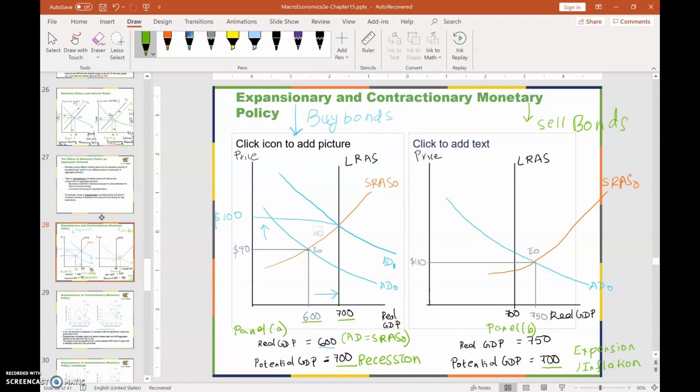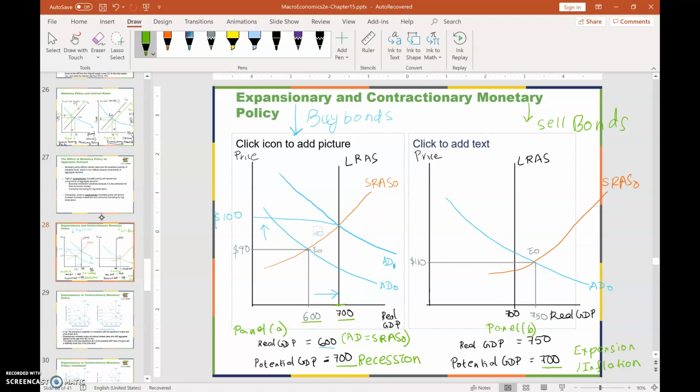And this will shift the aggregate demand to the right, which increases the price level from $90 to $100, and the real gross domestic product increases all the way to potential gross domestic product.